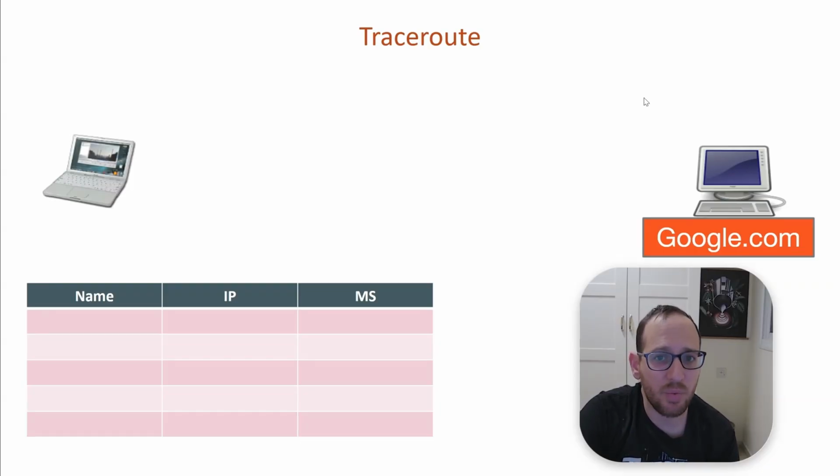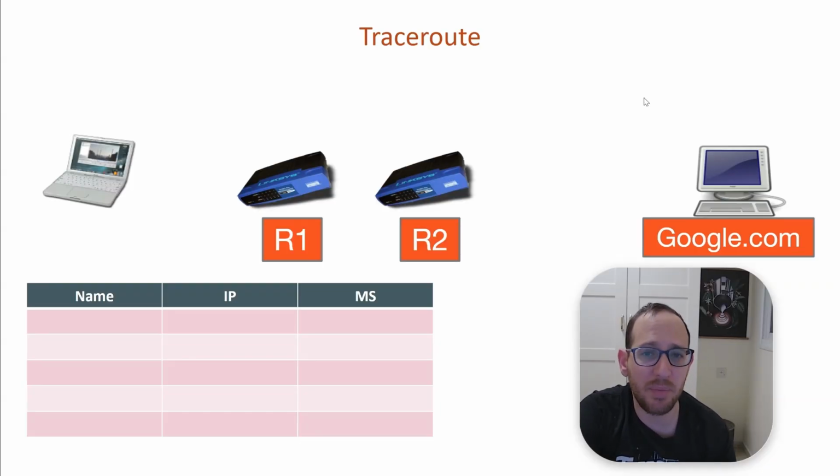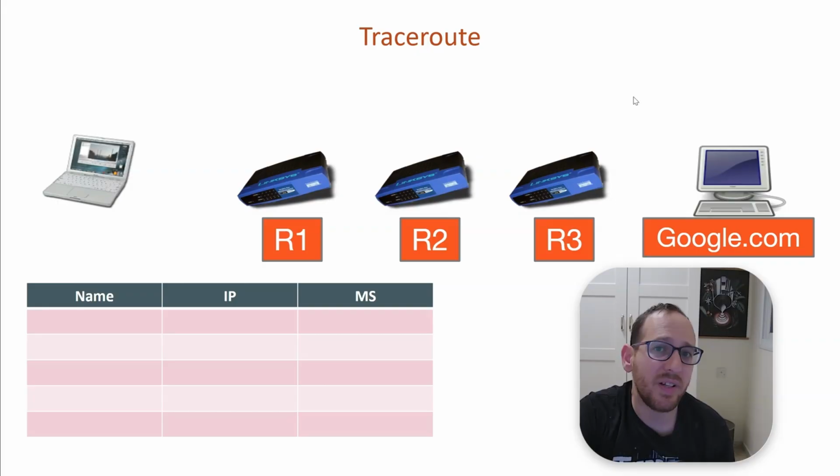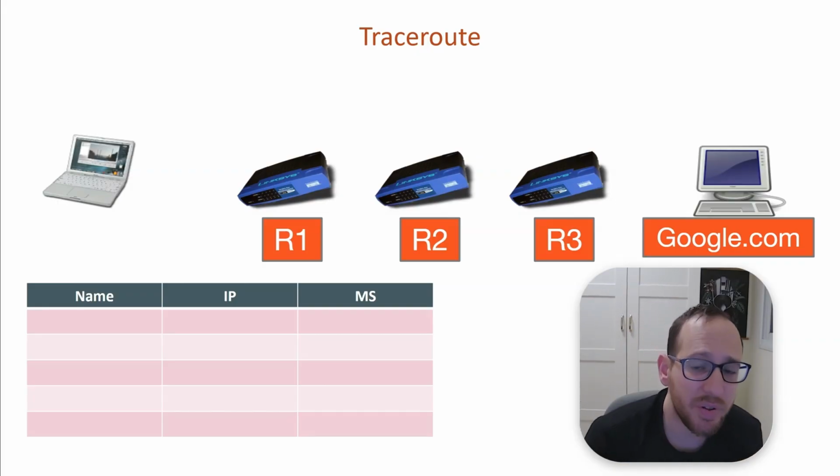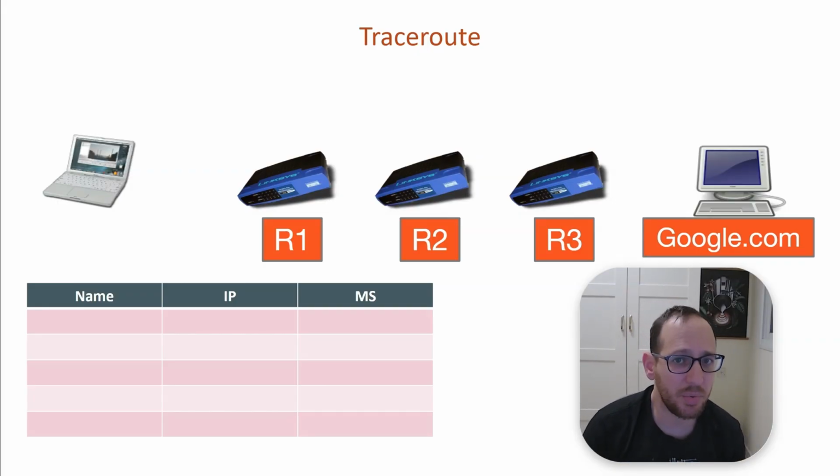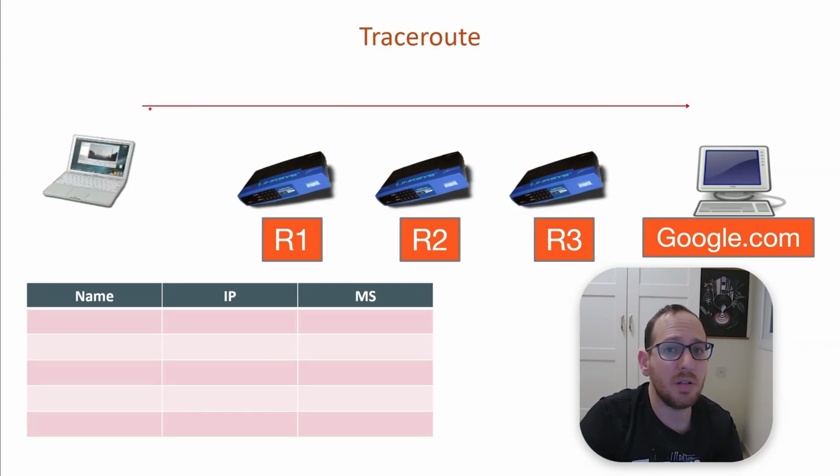So if we have R1, R2, R3 and their IP addresses, we want to find out who they are. How can we do that with things we've learned so far in this video? Can you guess? Well, one way would be to send a packet to google.com. It could be any packet. Now, traceroute uses an ICMP echo request by default, but it can be any other packet over IP.